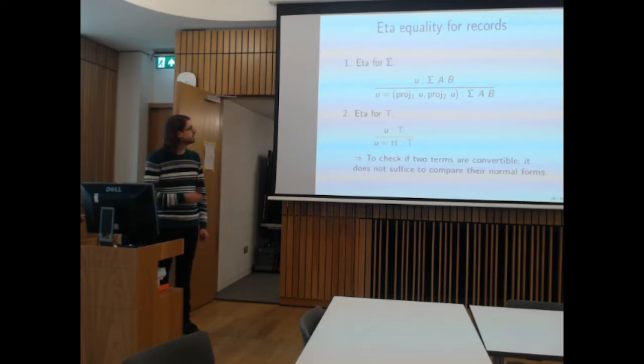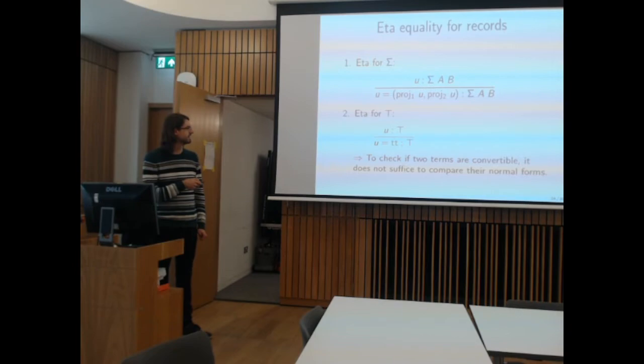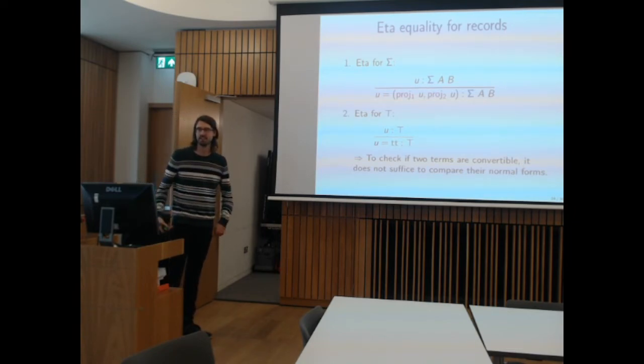And then we have eta equality in Agda, for record types in particular, and especially for the unit type. This is fun: if you want to check that two terms are convertible, you cannot compare just their normal forms, because they might both have the unit type, and then they're equal even if they don't have the same normal form.